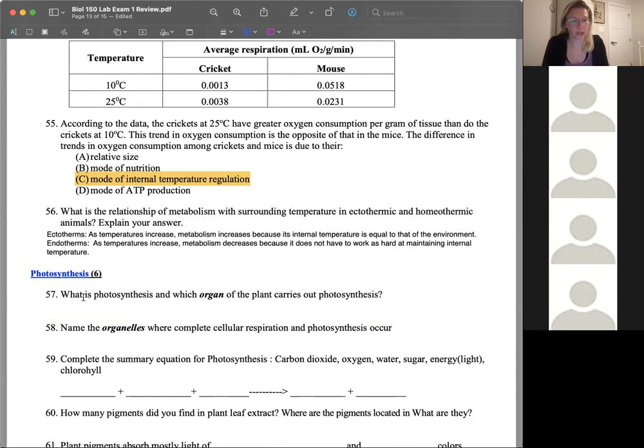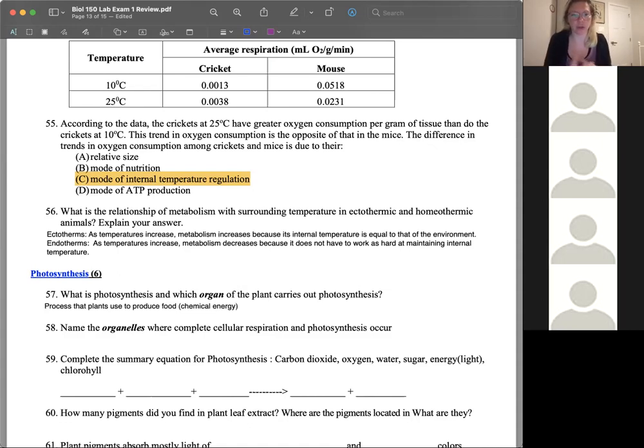All right, so what is photosynthesis? So how do we define this process? And where is it taking place within a plant? It's the process that plants and other crops use to produce food. So it's a process that plants use to produce chemical energy.